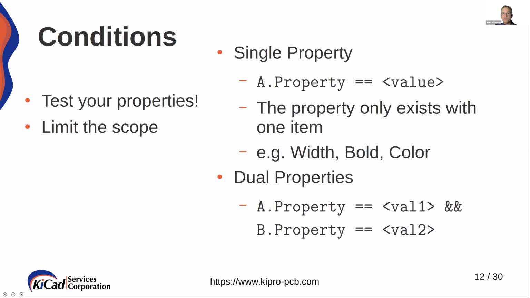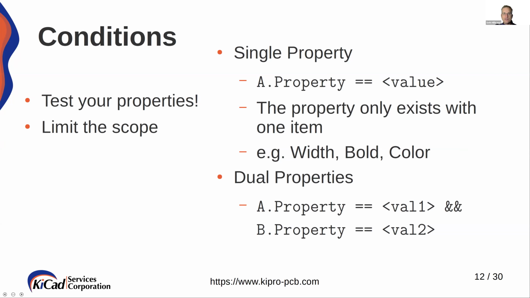So you can have a clearance that only happens when A.net class is equal to power and B.net class is also equal to power, for instance. In that case, you can set a clearance between two items when they're both members of the power net class.